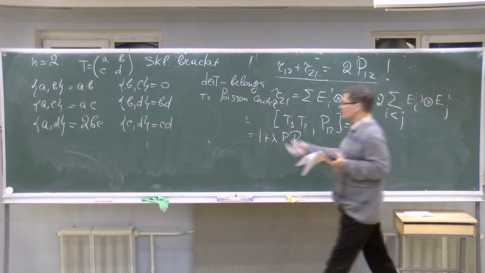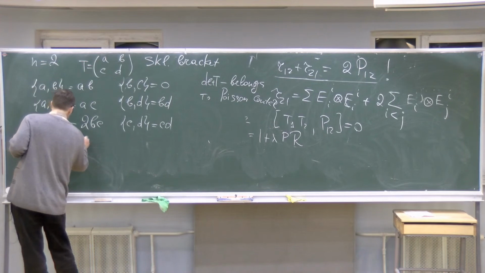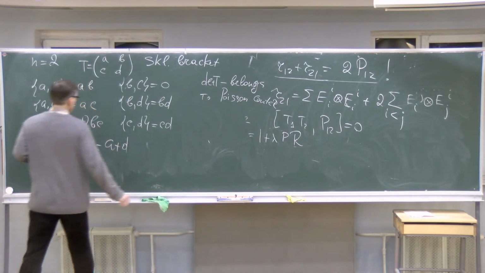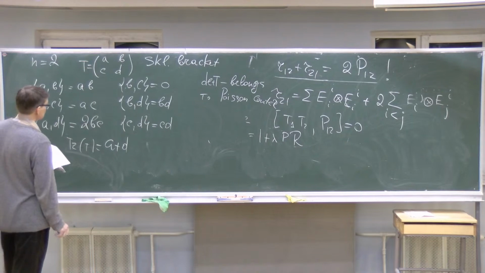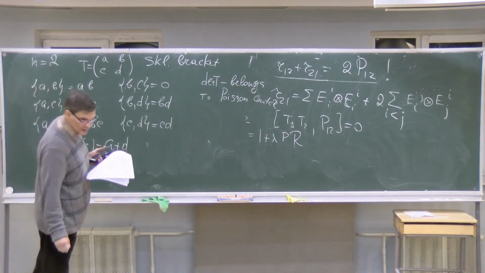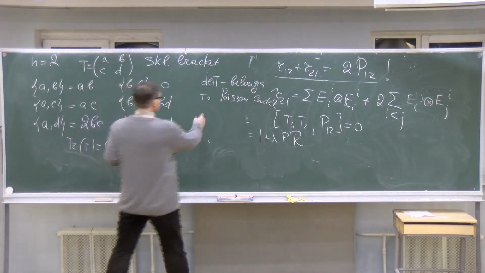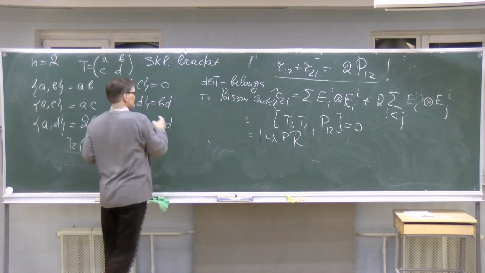For example, let us consider the trace of T, which is equal to A plus D. The determinant of T belongs to the Poisson center of this bracket.